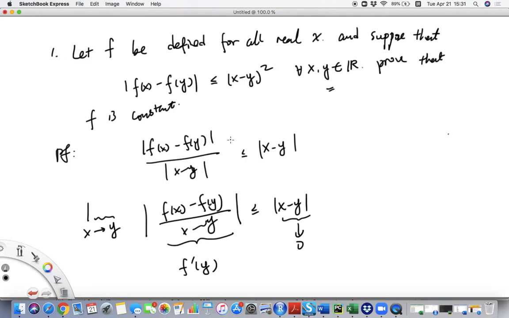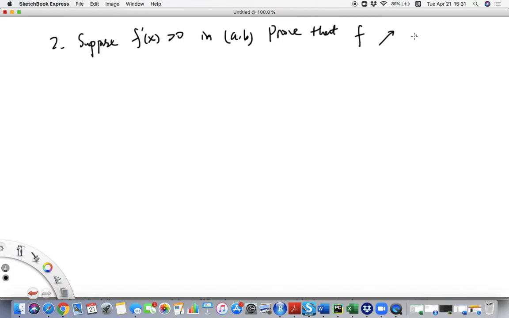Number two. Suppose f prime of x is greater than 0 in the interval (a, b). Prove that f is strictly increasing in (a, b). And let g be its inverse, so g is f inverse.